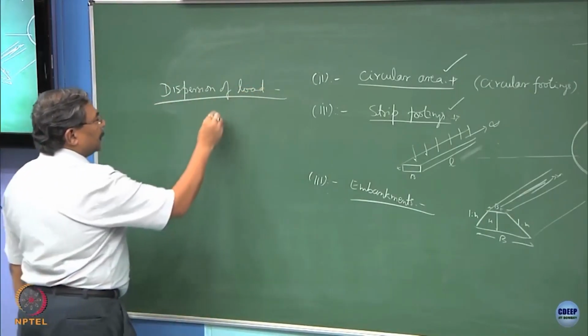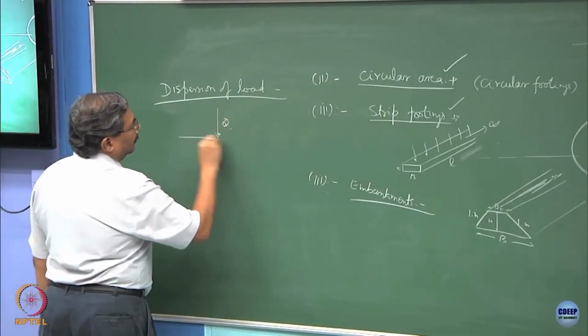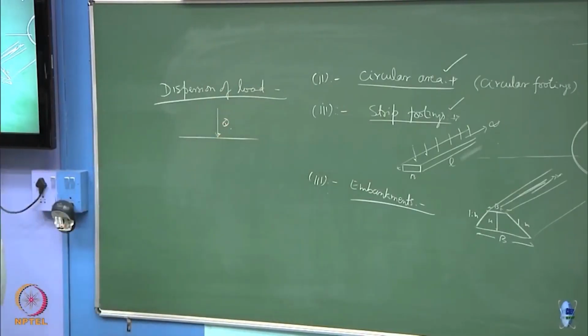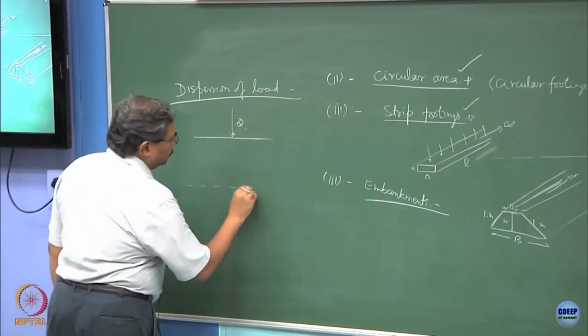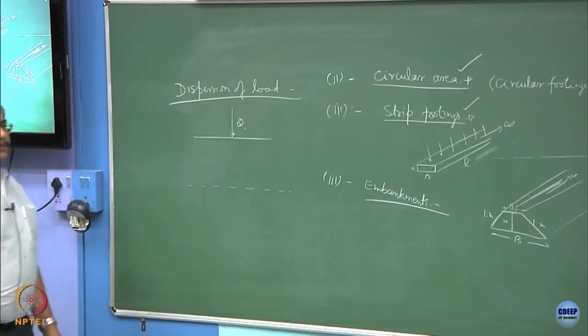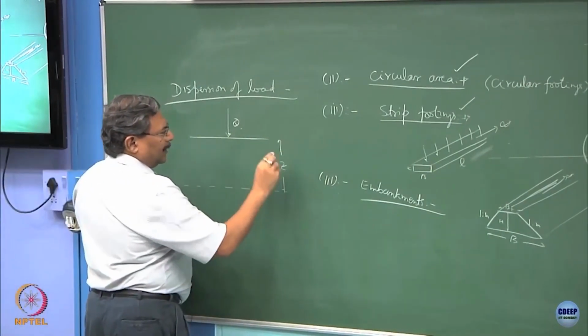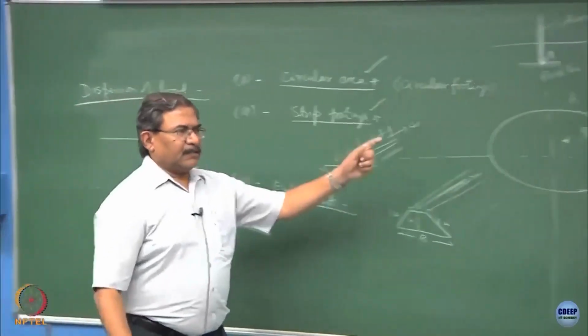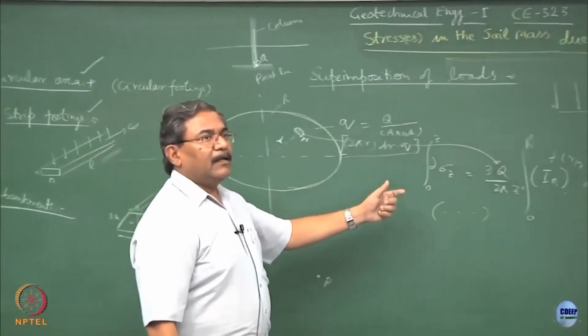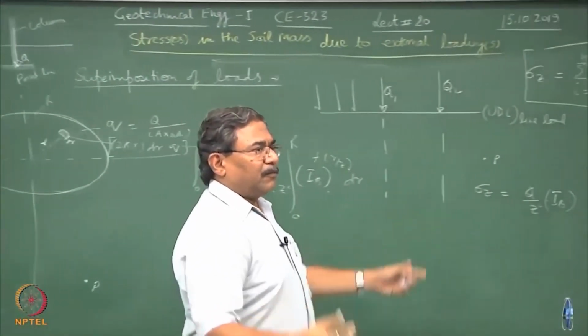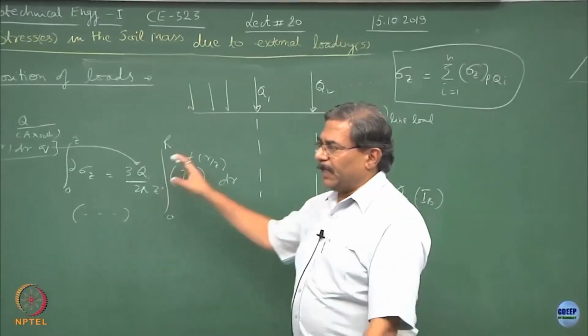So suppose there is a Q load which is acting, and I want to find out the state of stress in gross terms, as a designer, at a depth of, let us say, z, and I do not have time to do this analysis. I am just doing the first DPR to tell you the cost of the project. So I do not want to go into the intricacies.